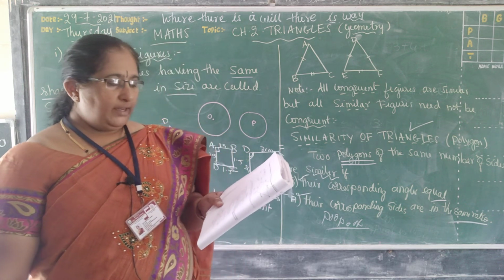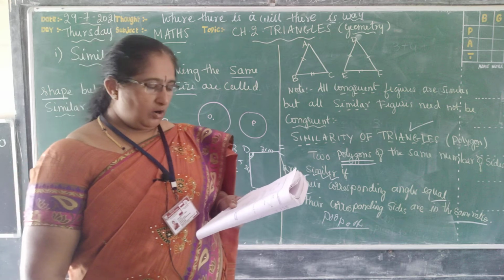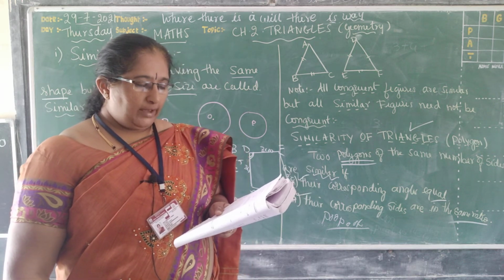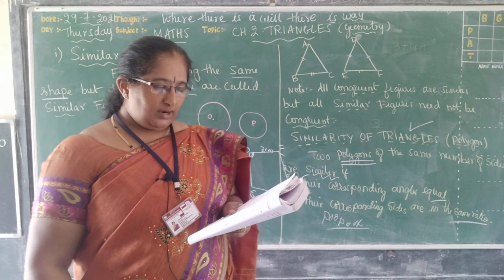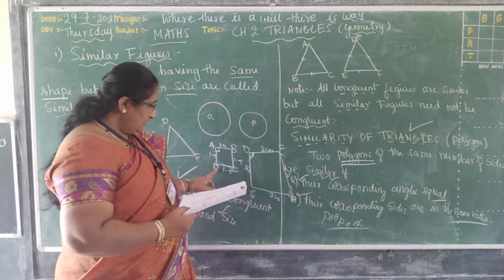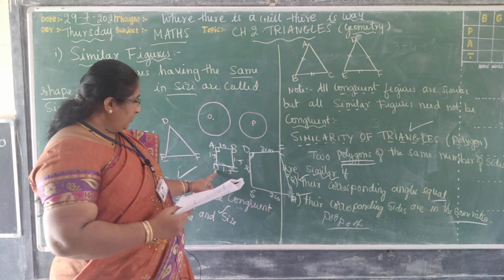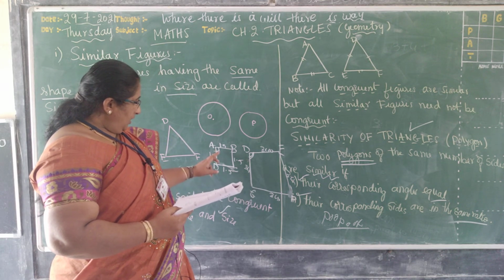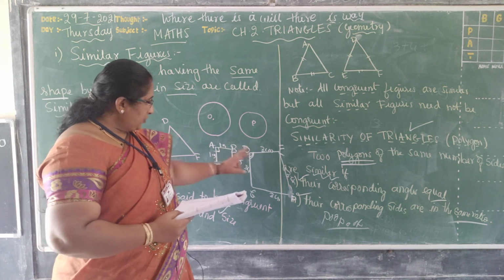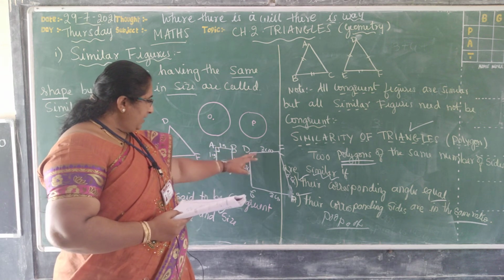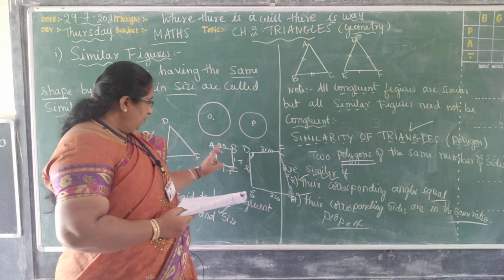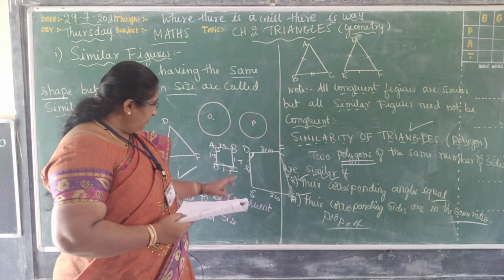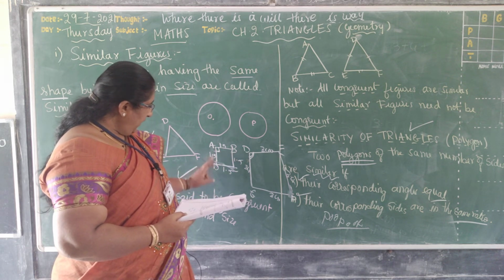State whether the following quadrilaterals are similar or not. In the same way, this is the third question, similar to this. The sides are proportional. You can see AB by DF, they are proportional. AB by DF will be equal to AD by DG.